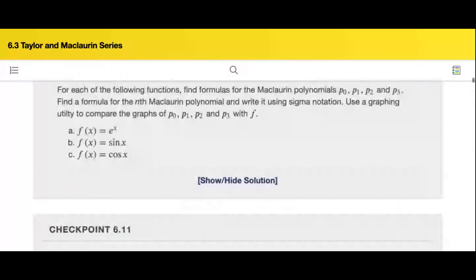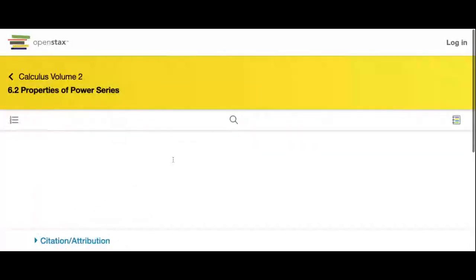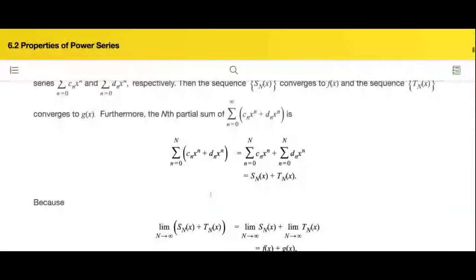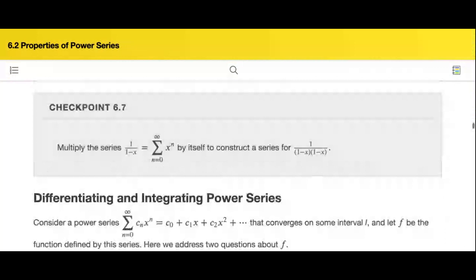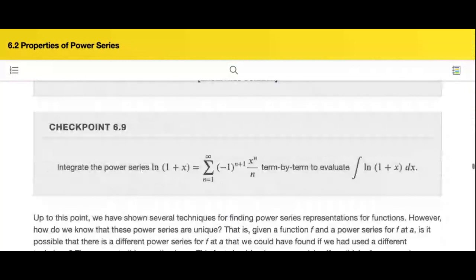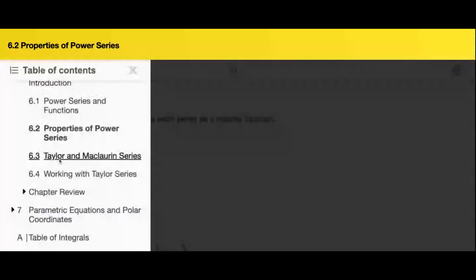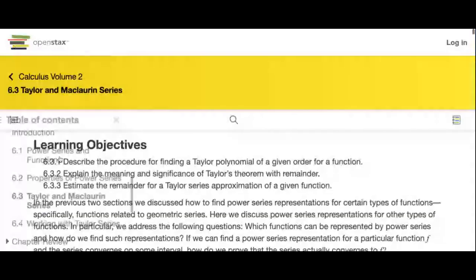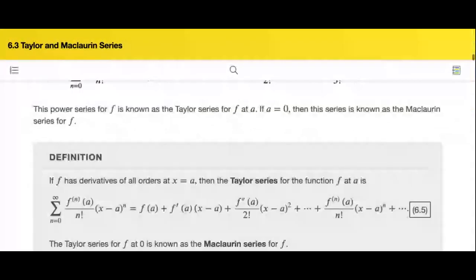Cosine x, I think this is 6.2. Or maybe it's 6.3. Oh, it is 6.3. No, it's not.